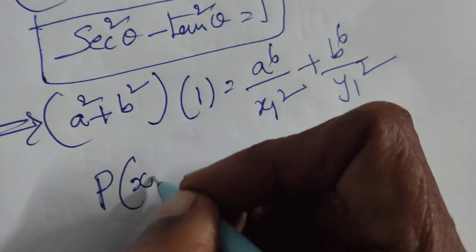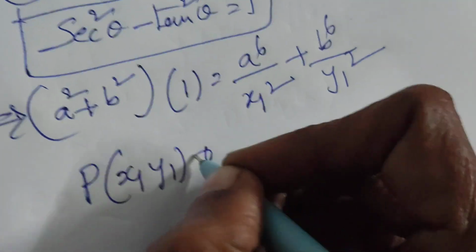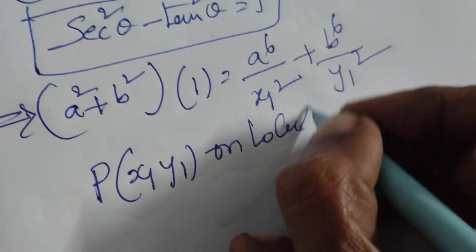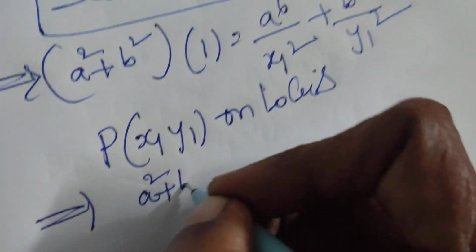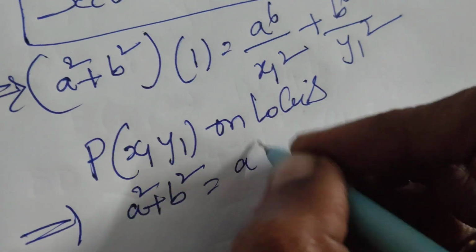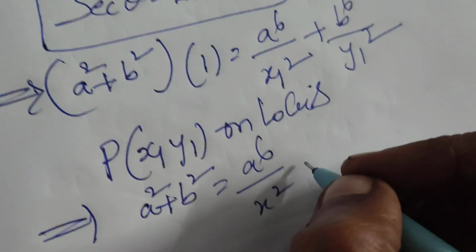Therefore, we know that by the trigonometric formula secant square theta minus tan square theta equals 1. Now that implies (a square plus b square) whole square into 1 equals a power 6 by x1 square plus b power 6 by y1 square.